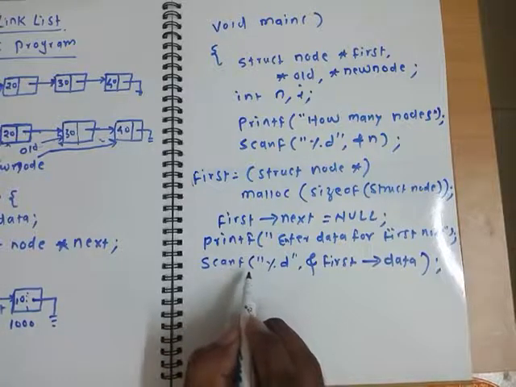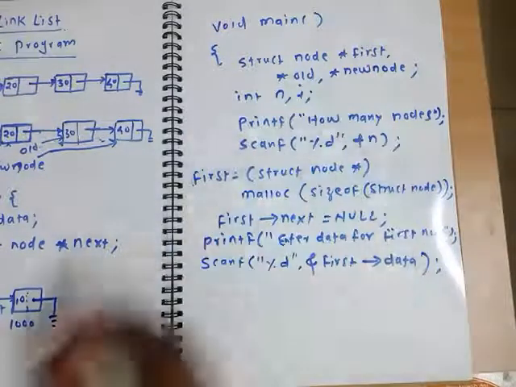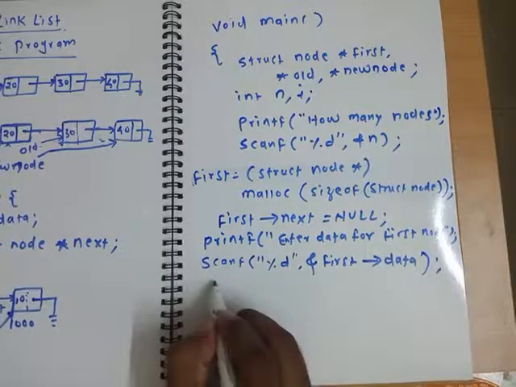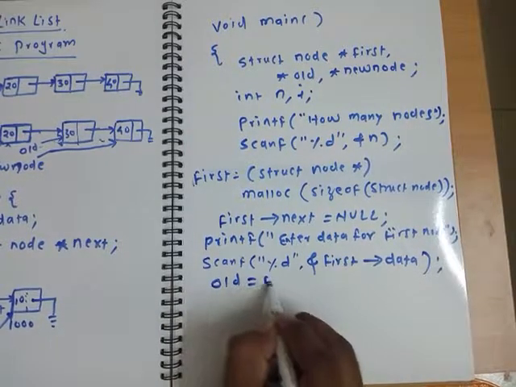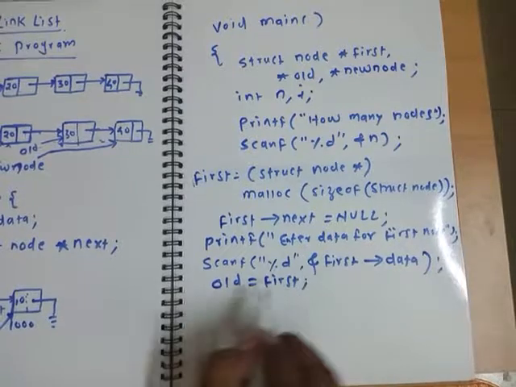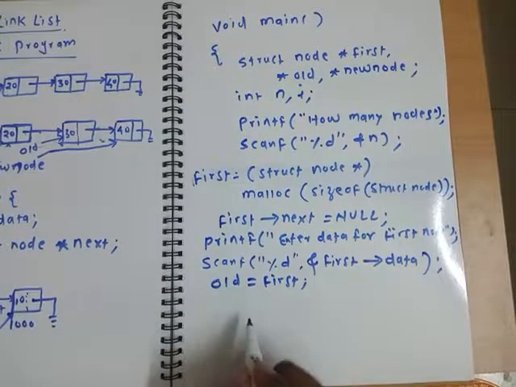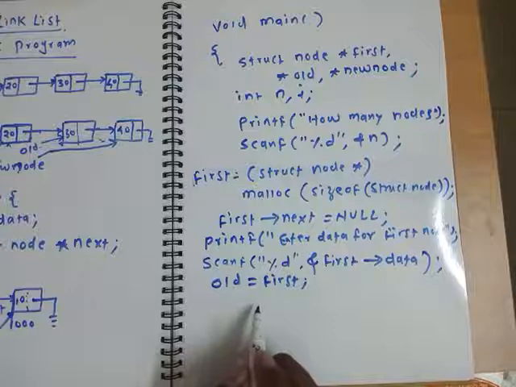Now as I said, we'll take one more pointer, old, which we already declared here, and we'll point that pointer to the location where first is pointing. That means we'll assign the value of first to old. Right? Old is given first's value, that means old is pointing here. Then we'll create the next node, or new node, by using a new node pointer.